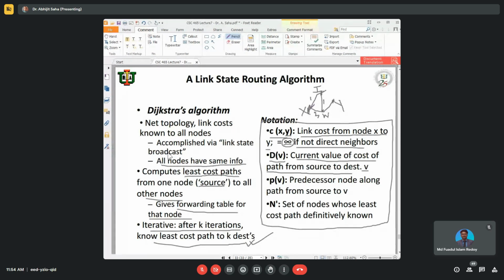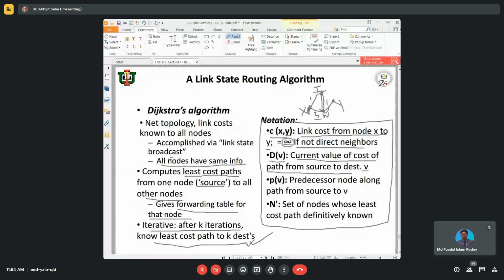The current cost from x to w is 3, and x to i is 1, but when it goes from i to w, the cost is 1 plus 1. So later on, the cost of the path from one node to another, in this example x to w, can be found as the least cost path.